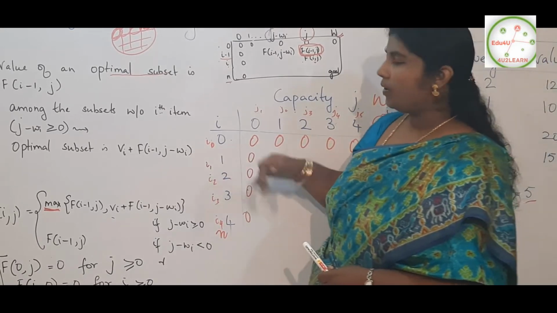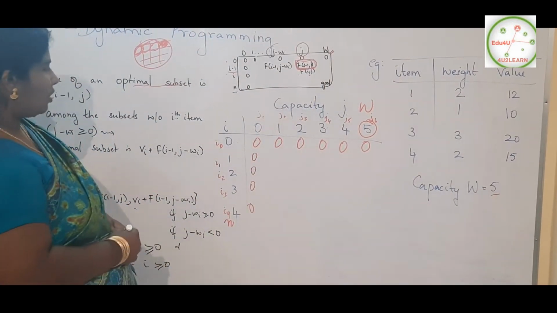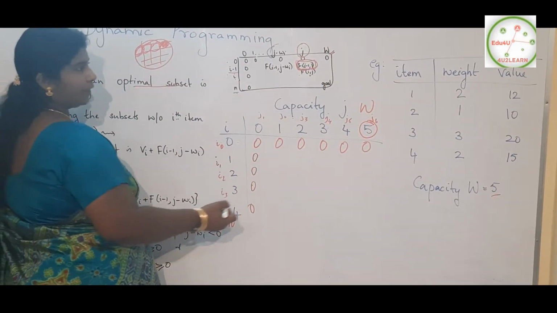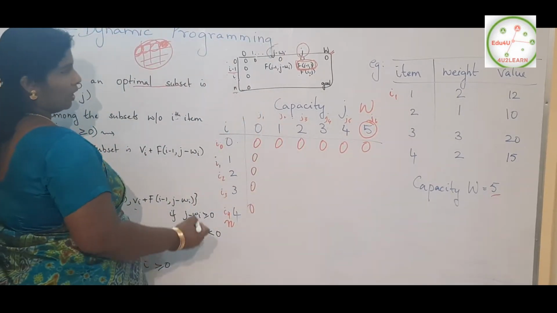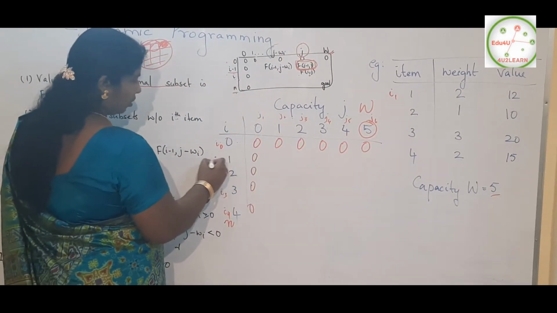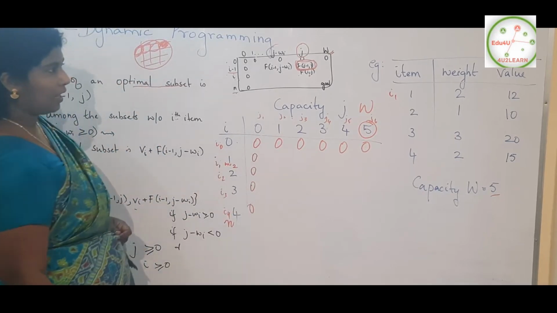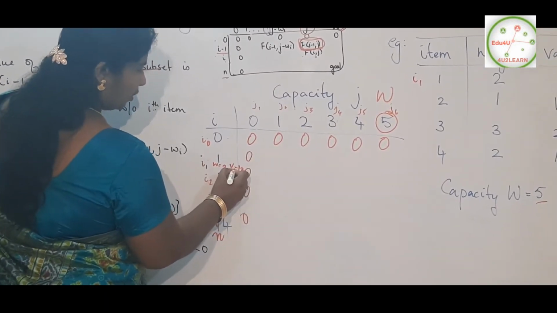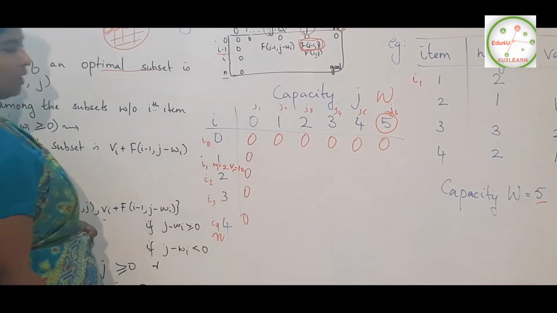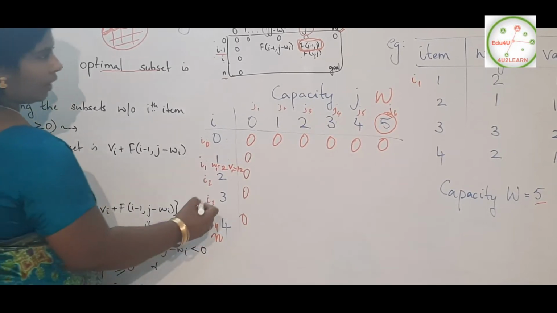Okay, so now we will just go one step after the other. So now what is this I1? It is nothing but this item 1. So item 1, it has a weight of 2 and the value is going to be 12. So W1 is 2 and value is going to be 12.